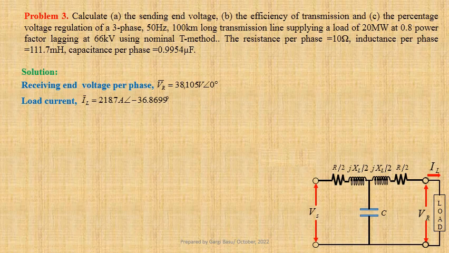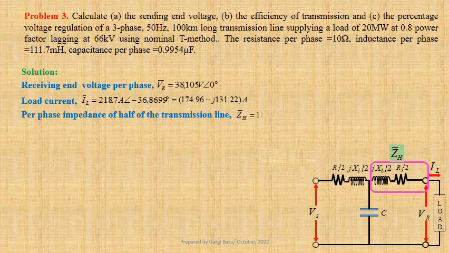This may be written in Cartesian form as 174.96 minus J times 131.22 ampere. Per phase impedance of half of the transmission line ZH equals 18.248 ohm at an angle 74.1 degree, and capacitive susceptance per phase BC equals 312.7 into 10 to the power minus 6 mho.